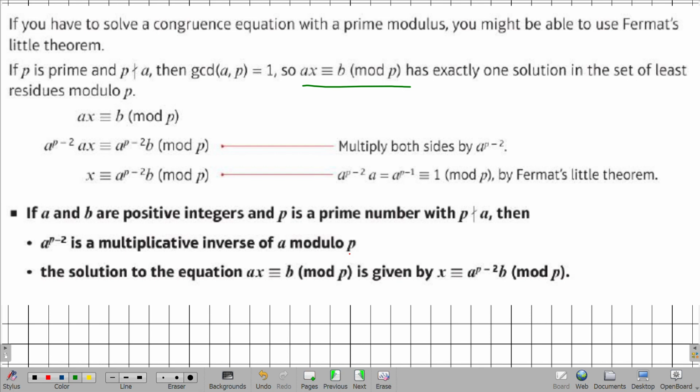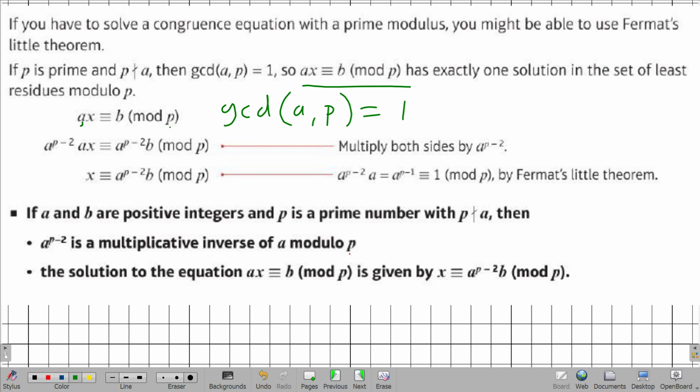And because the GCD between A and P is 1, we cannot divide anything with A and P. There's nothing that is common.